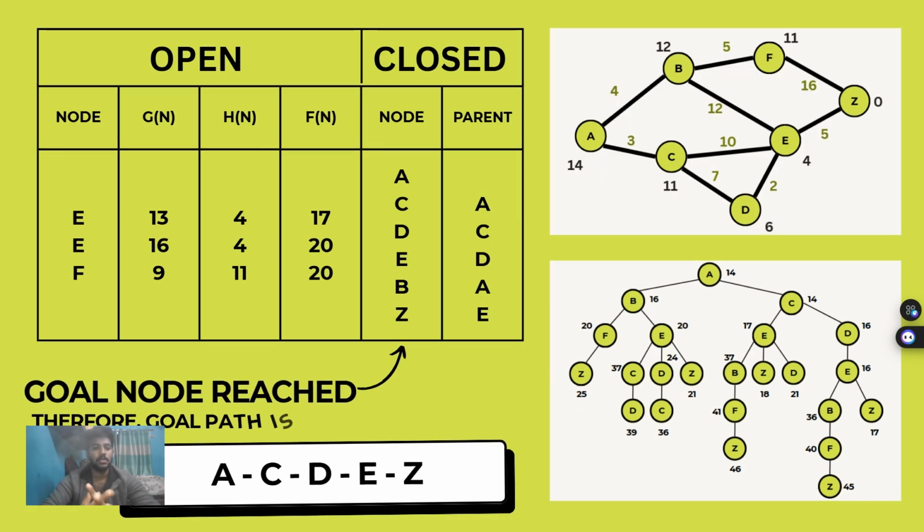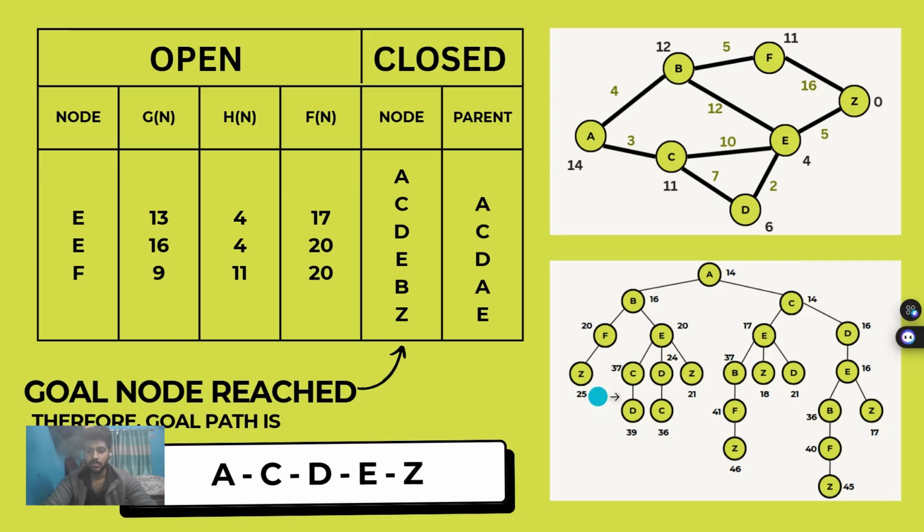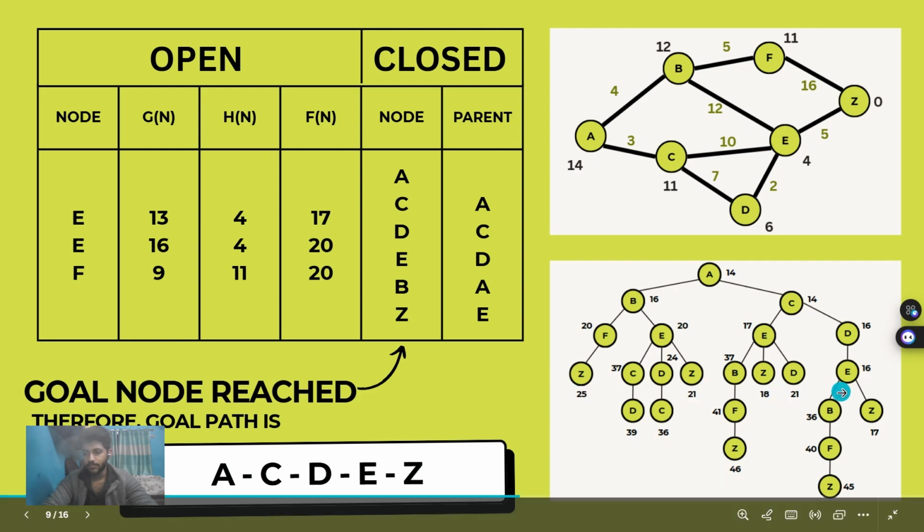So likewise here. From the previous stage, I have just taken the Z and closed it. Finally, the goal node has been reached while we are closing our list. From this state, we will find out that the Z that has come from this part is the shortest Z. If we look into it, there are a number of Zs like 25, 21, 46, 18, 45, 17.